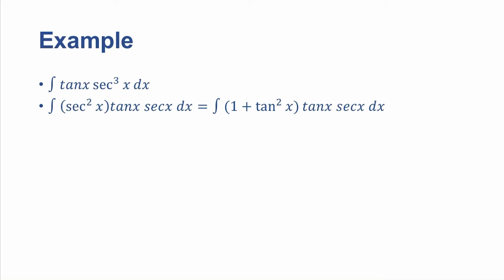Now actually, this Pythagorean identity thing here was just a bit of a trick. We don't want to do this, just because we have tangent here, but we set up the derivative here for secant. So make sure you're not doing too much work.